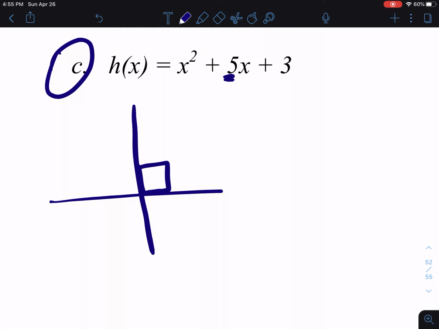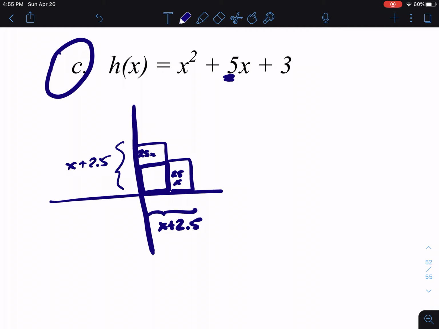So if we have x squared, and then here we're going to split this up in our minds into 2.5 x's. All right, so this would be x plus 2.5, and this would be x plus 2.5. We couldn't do this on the actual Algeblocks, but that's what these would be, vertical and horizontal, however they're lying.